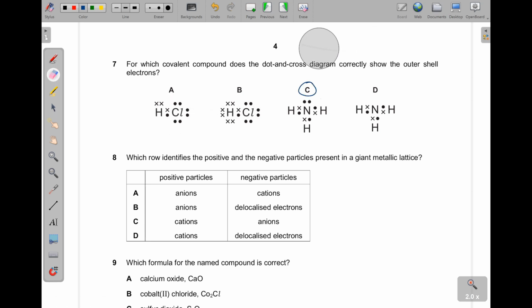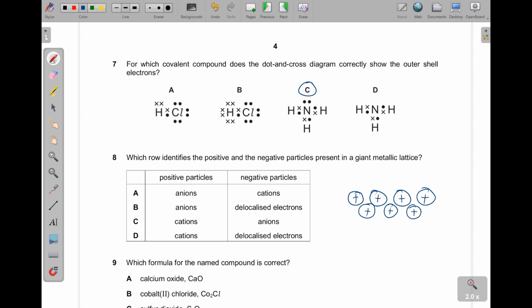And then next, number 8, they are saying that which row identifies the positive and the negative particles present in a giant metallic lattice. A giant metallic lattice has positive, okay, or we can say cations, positive metal ions in a sea of delocalized electrons.